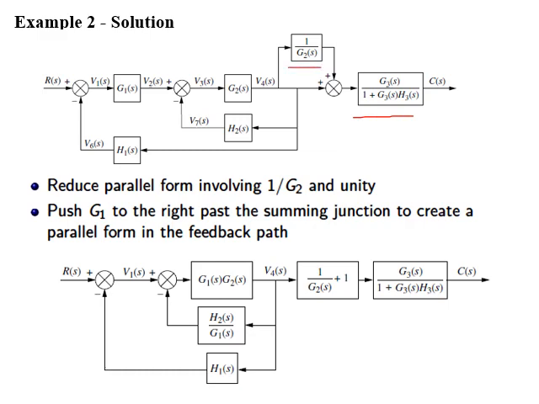Now if you see, 1 over G2 of S is in parallel with a unit gain branch. So it will be reduced using parallel form. And in the second step, G1 of S will be moved to the right of the summing junction to create a parallel form in the feedback path.